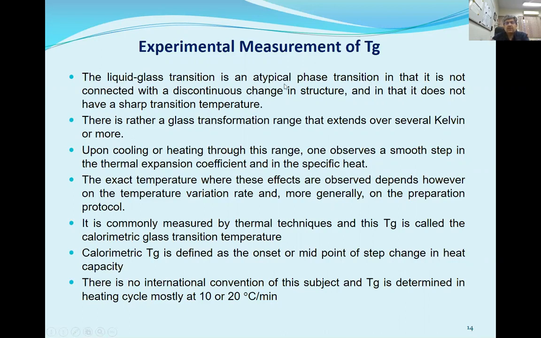Atypical means it does not look like a typical phase transition like the melting phenomenon. It is atypical in that it is not connected with a discontinuous change in the structure, and in that it does not have a sharp transition temperature. Melting point in a DSC, if you remember or if you have ever done it, is a very sharp transition, which means it occurs over a very small range of temperature.